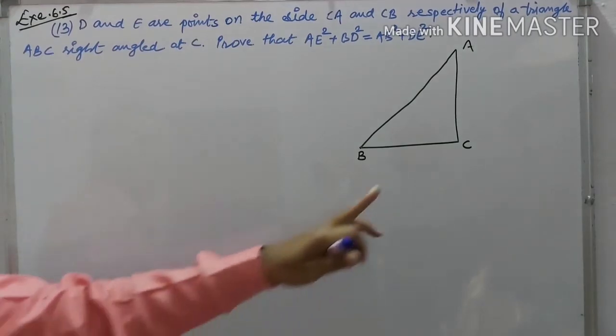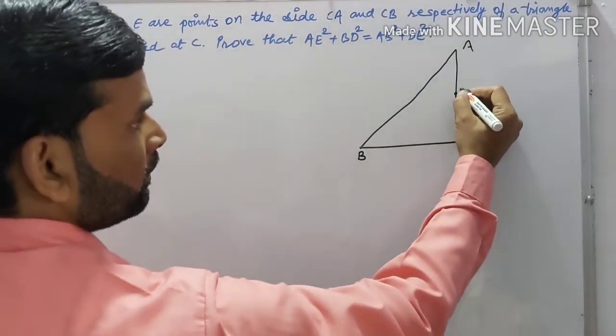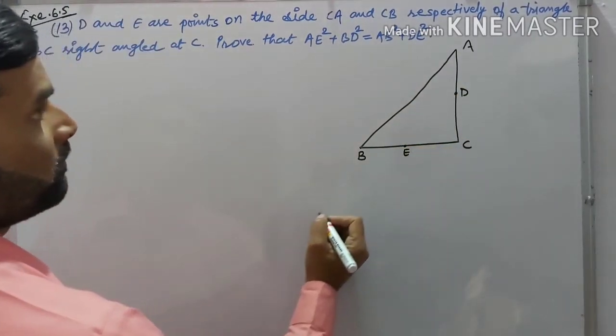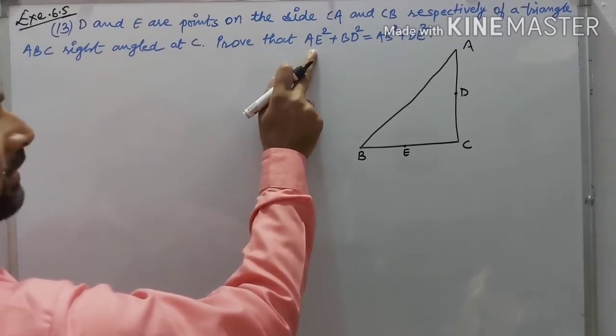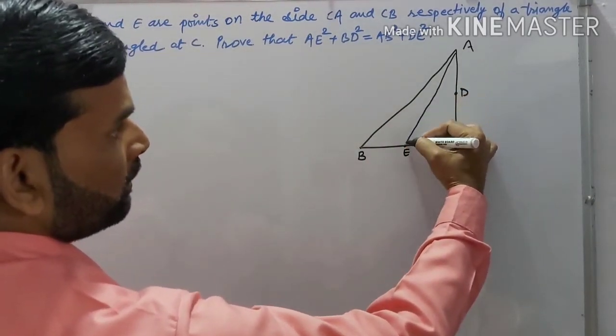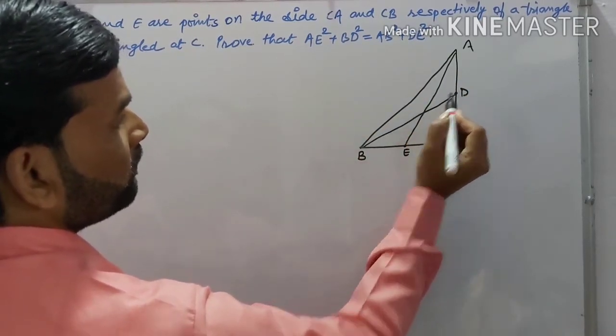CA, where is the CA? The CA has the point D, which is not the midpoint, and here will be point E. Then we find AE. AE means you join the A and E. BD means you join the points B and D.